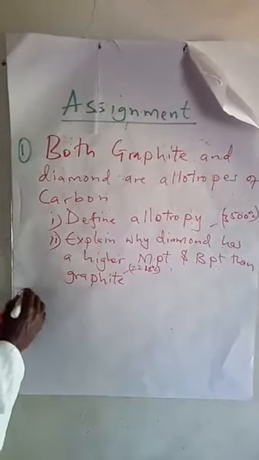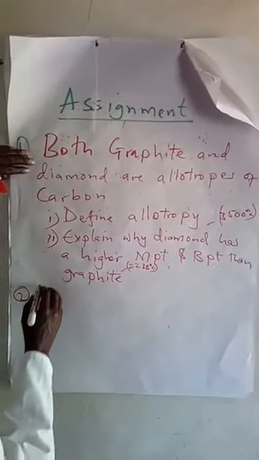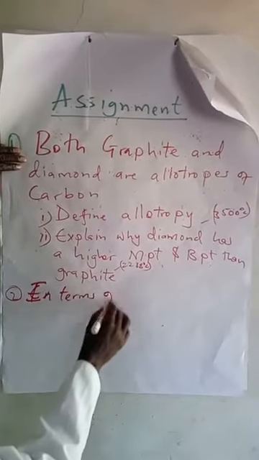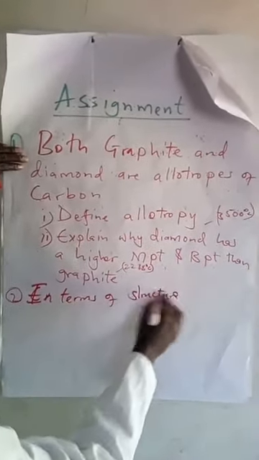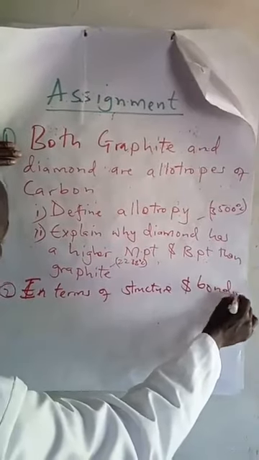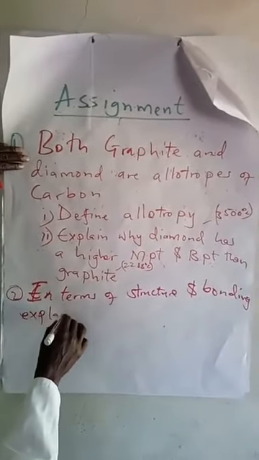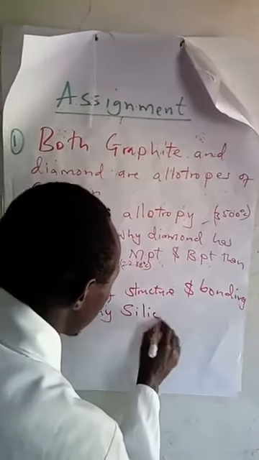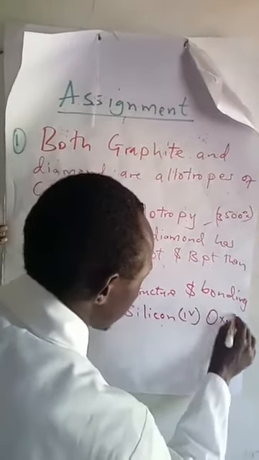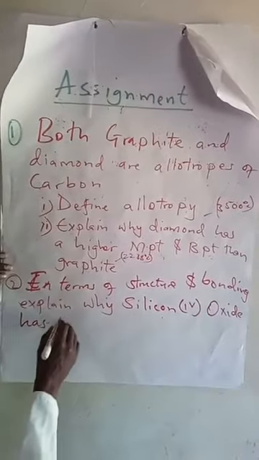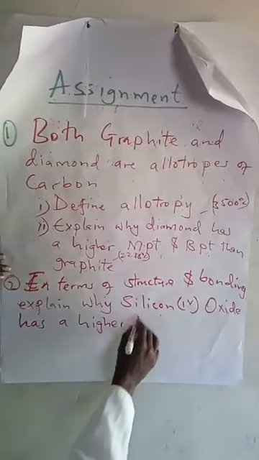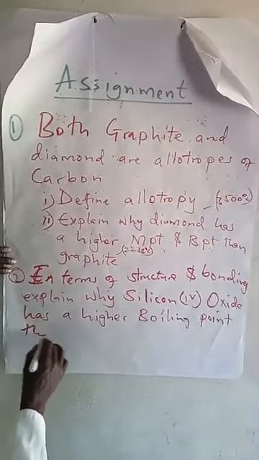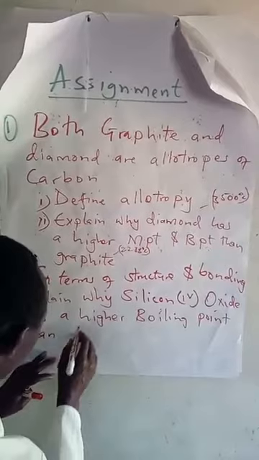Lastly, number 2 is, in terms of structure and bonding, explain why silicon oxide has a higher boiling point than carbon 4 oxide.